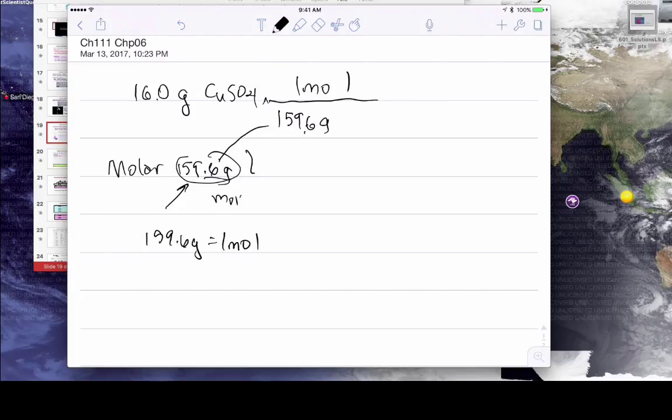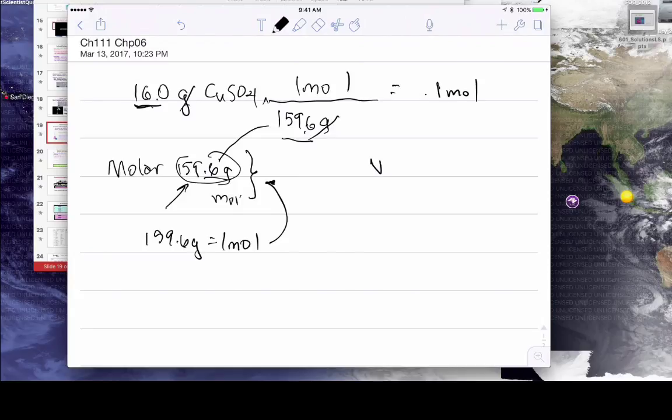And so this is how you would illustrate that. So what we see here is if we take 16 grams and divide it by 159.6, the grams will cancel. That'll be about 0.1 moles.